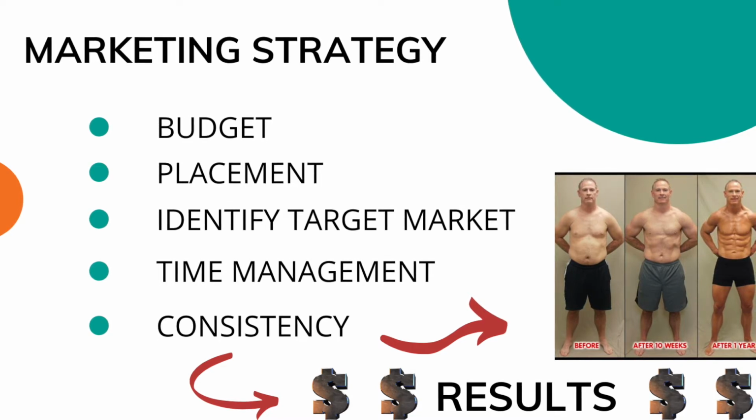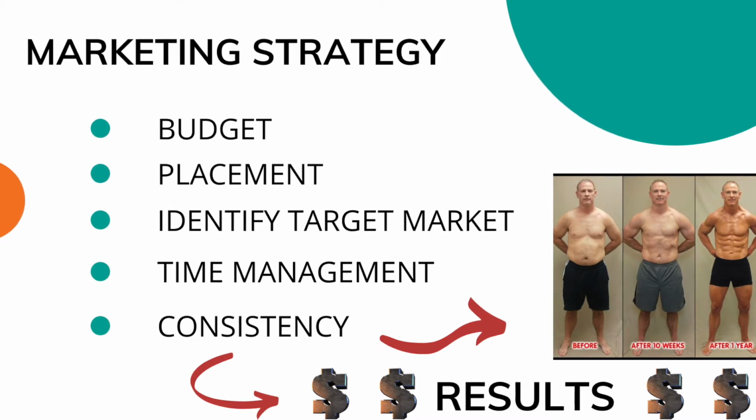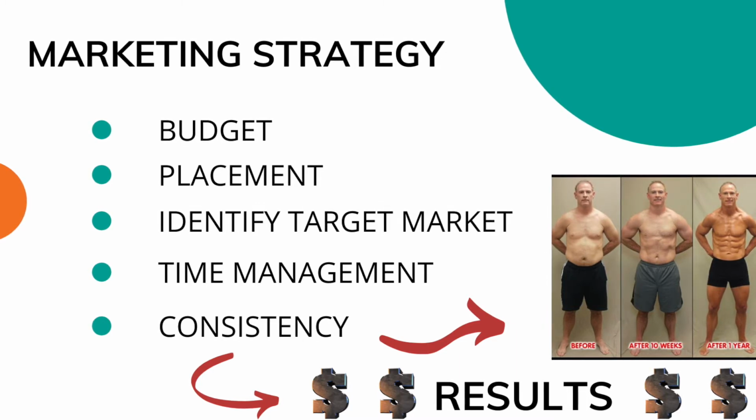Because they're senior citizens and they're a little more of the older generation, I would utilize Facebook and Google and Yahoo as more of the better placements and channels for that specific target market. I wouldn't use Instagram for the senior citizens because senior citizens aren't on Instagram and a lot of them don't even know how to use it or what it is.